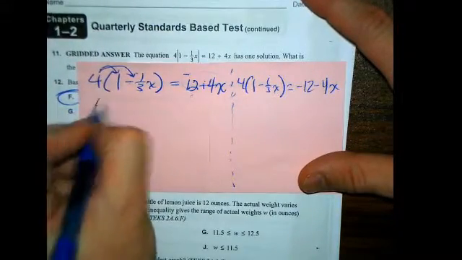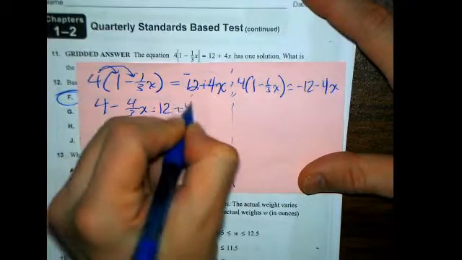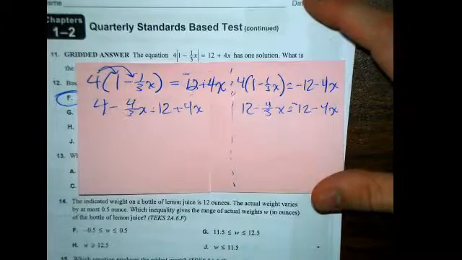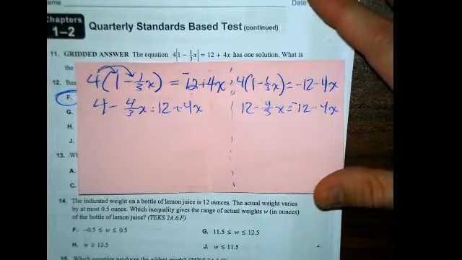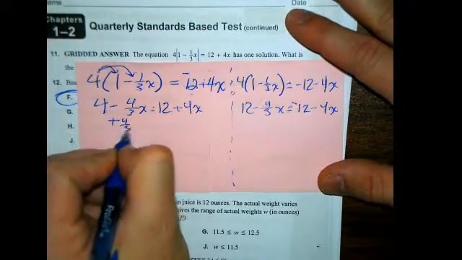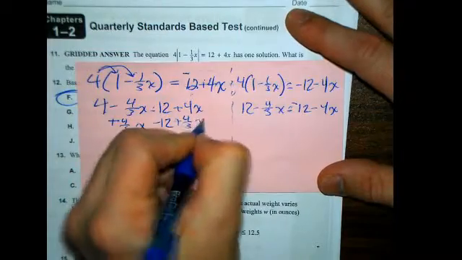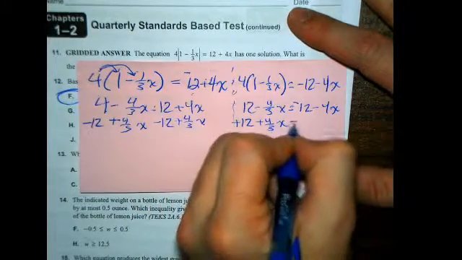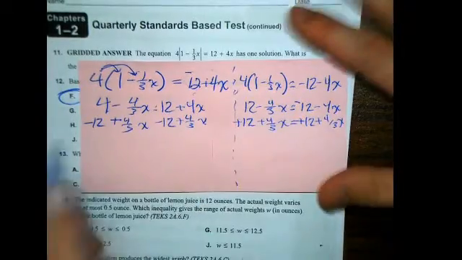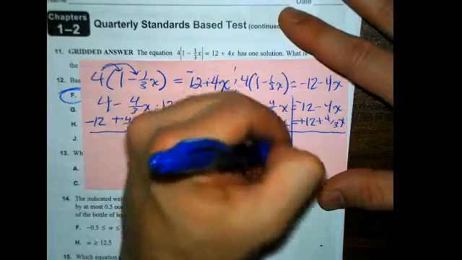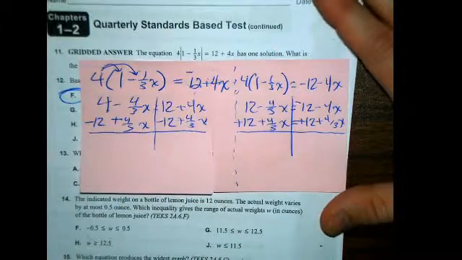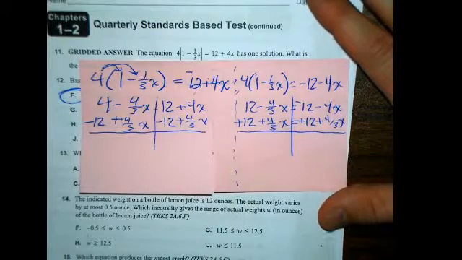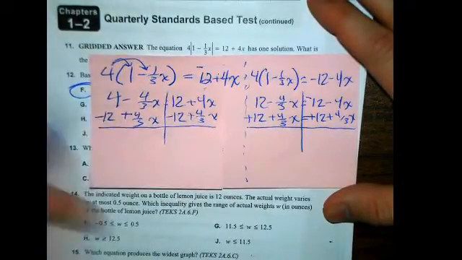Distribute your 4. Keep going across. All right, and now we can bring everything down to cancel what cancels. 4 minus 12 is negative 8.